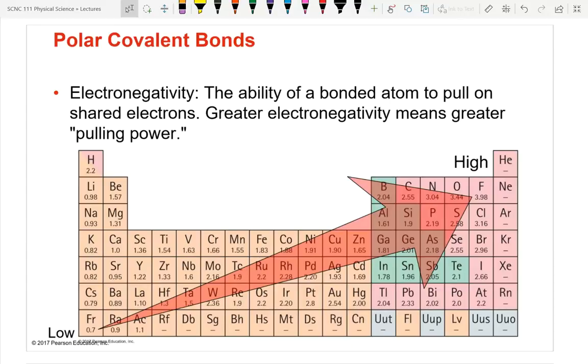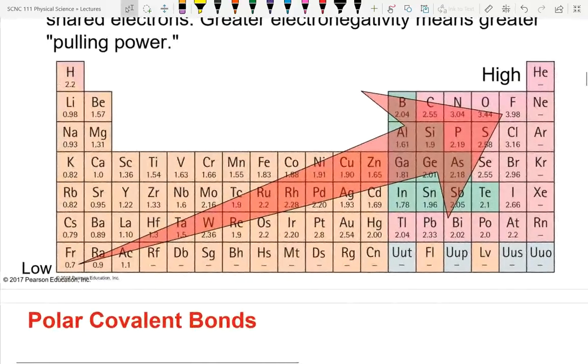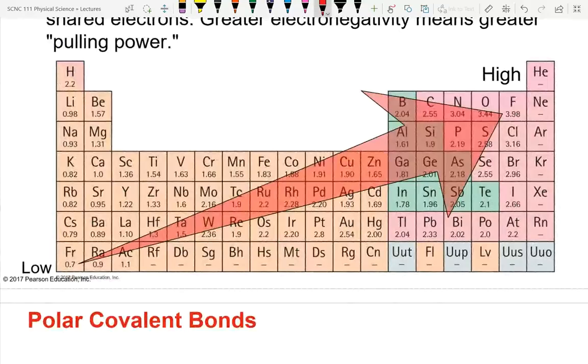Some atoms have a higher electronegativity, which means that they have a higher desire to get an extra electron. Some have a lower electronegativity. They don't really have much desire for an extra electron. And that electronegativity chart is what this diagram is showing. You see that the very highest electronegativity is fluorine.